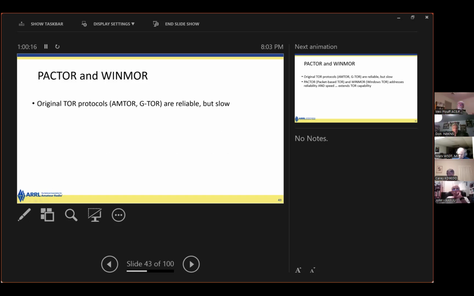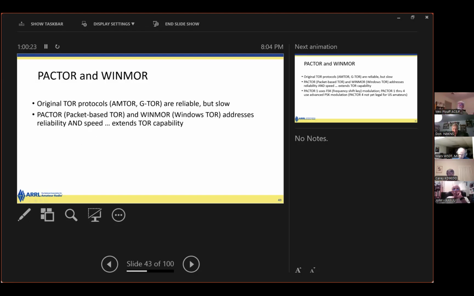So the original protocols, Amtor and GTOR that come from way back, are reliable, but they're slow. And there are improvements since then. PACTOR and WinMor are improvements that go faster and are more reliable. So the idea is to do the same but better.